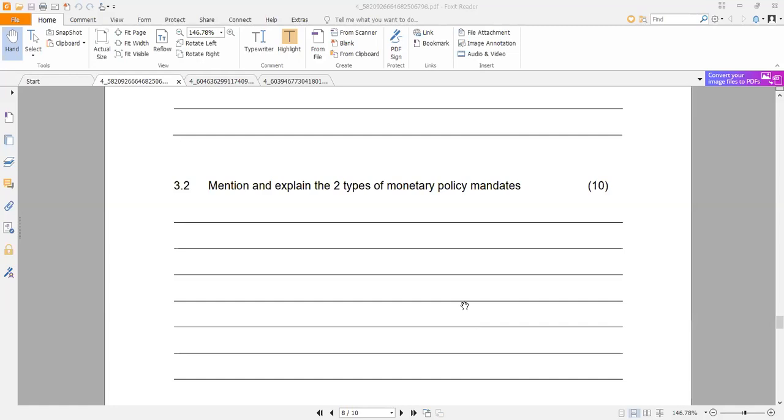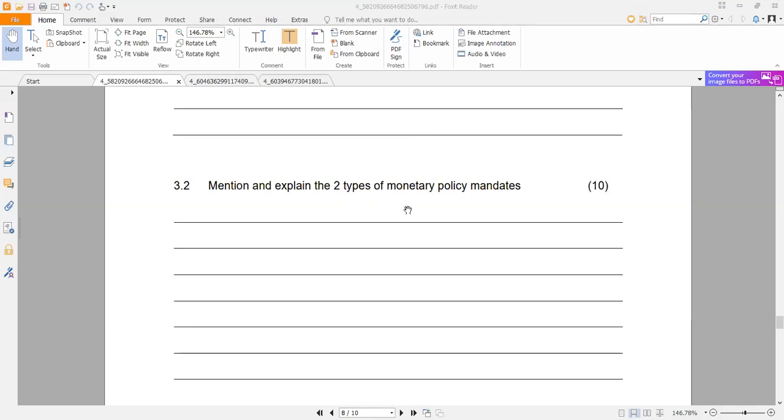Anyone to mention and explain the two types of monetary policy mandates? Yes, what are those monetary mandates?